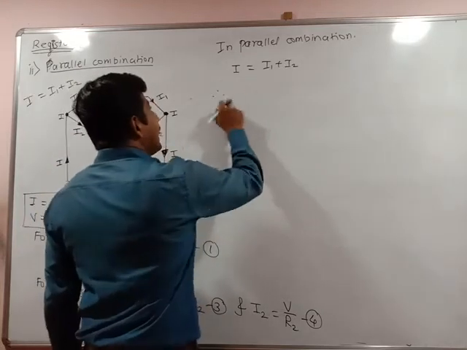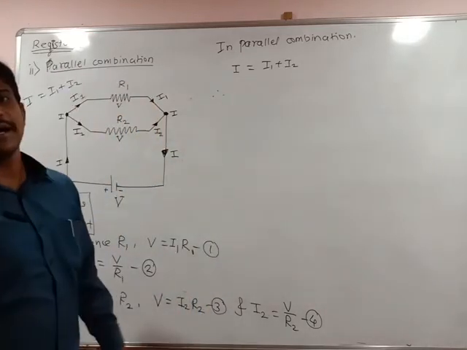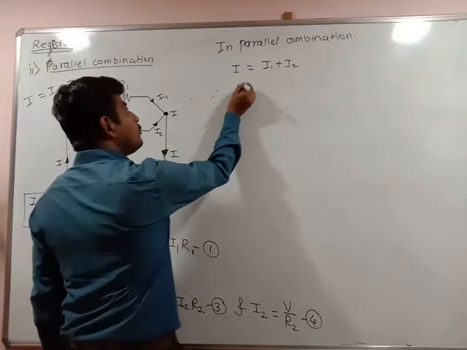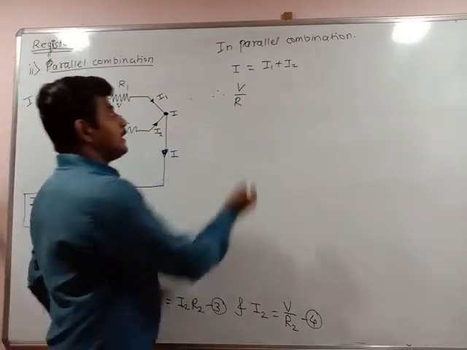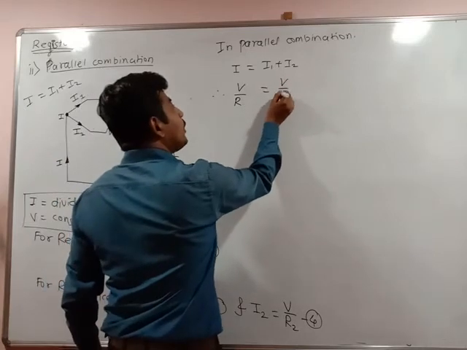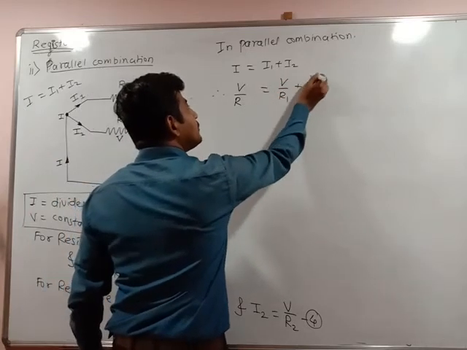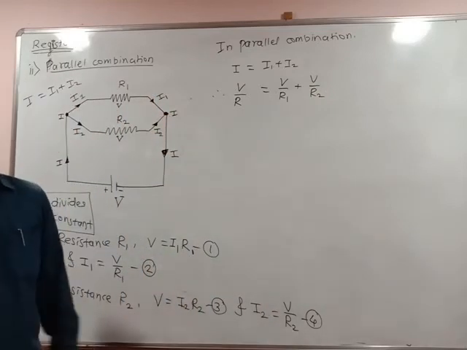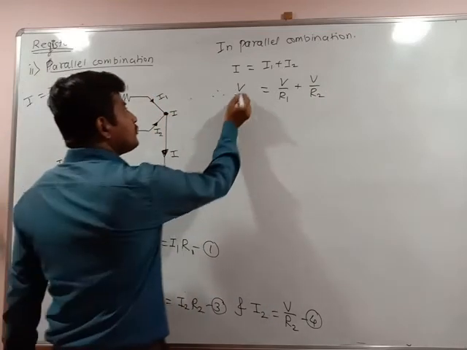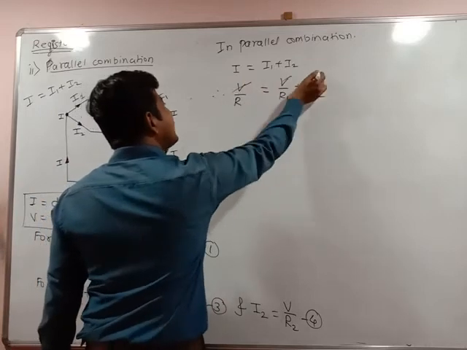Okay. As per Ohm's law, V is equal to IR. So I is equal to V upon R. I1 is equal to V upon R1 plus I2 is equal to V upon R2. It is simple. V is common here, so it is cancelled.